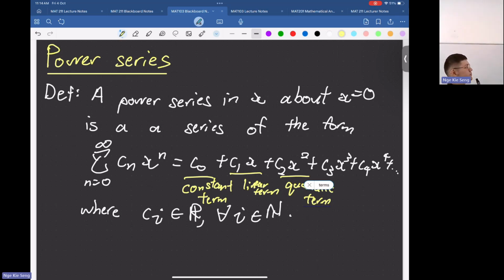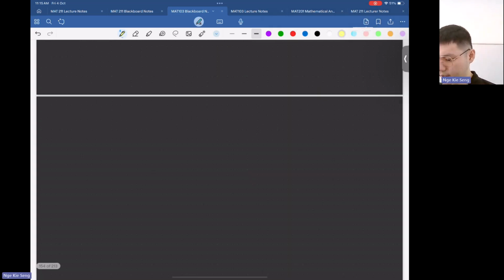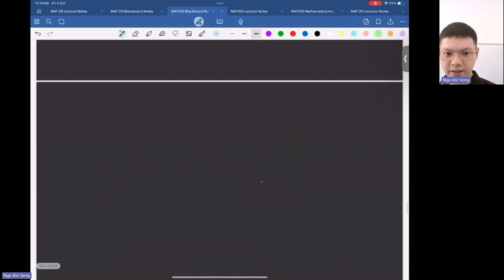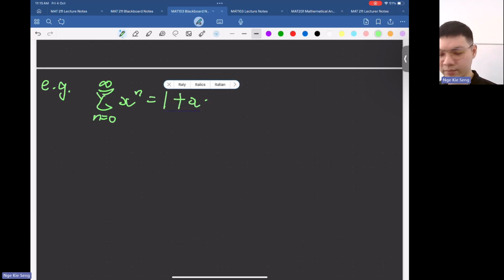So for example, a very quick example: if you look at this series here, just take Ci equals 1, the easiest one. Meaning we take 1 plus x plus x squared plus x cubed plus x to the 4 and so on.